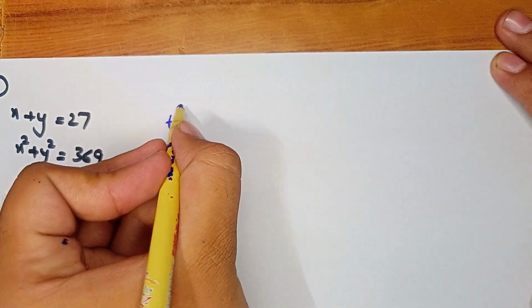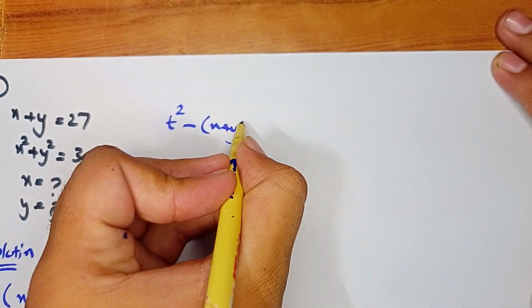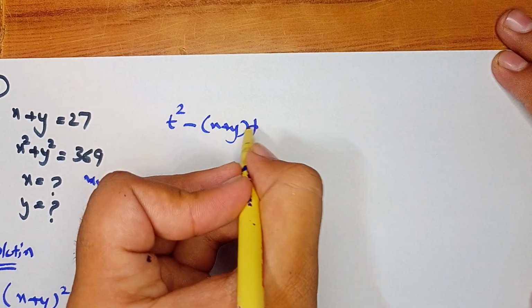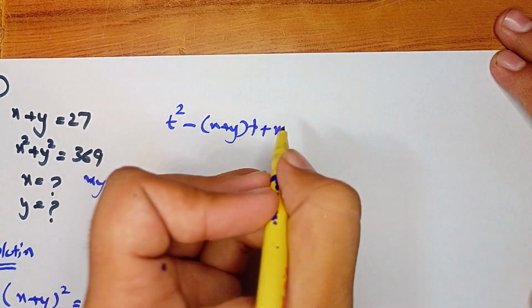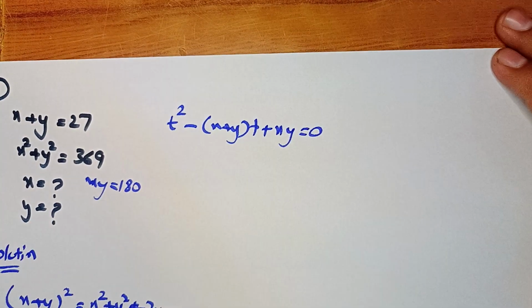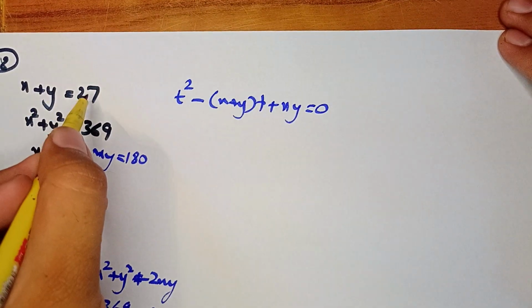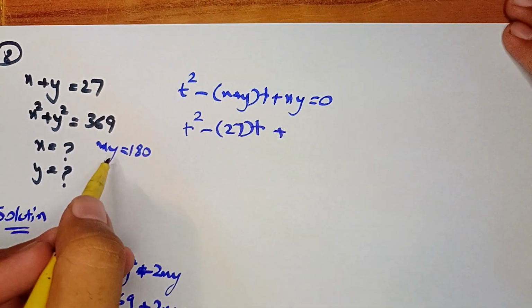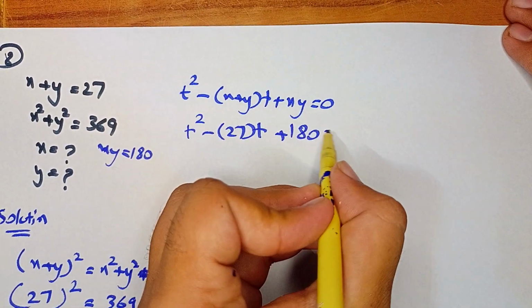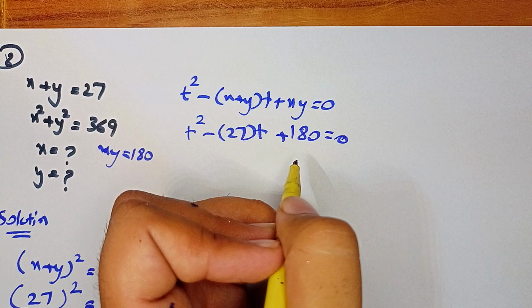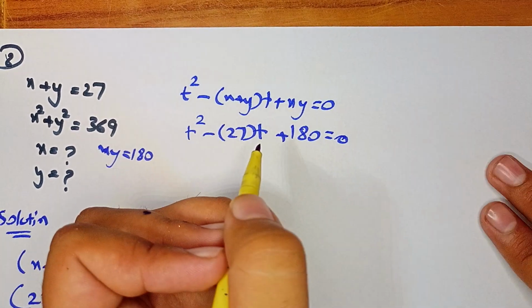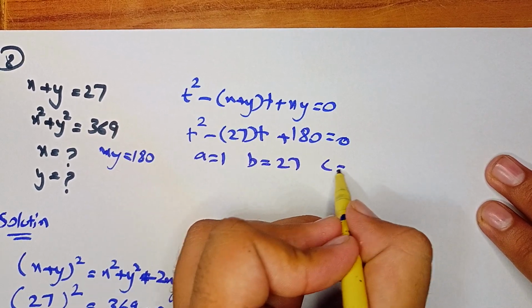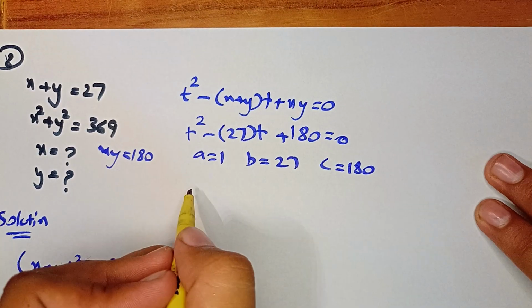We know our quadratic equation is t square minus (x plus y) t plus xy equals 0, in which x plus y is 27 and xy is 180, so t square minus 27t plus 180. Here a is 1, b is 27 and c is 180. Put these three values in the quadratic formula.